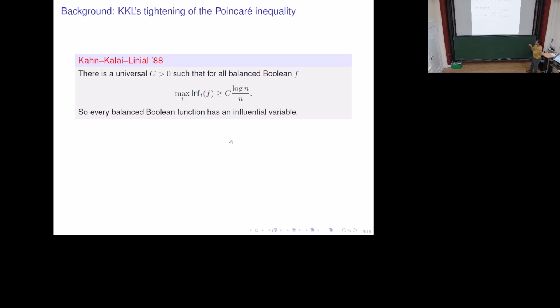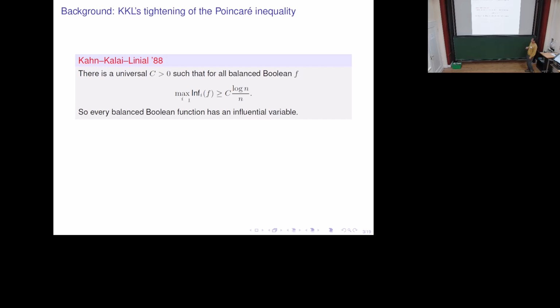You can do better. Namely, for any balanced Boolean function, you can always find some variable such that the individual influence of this variable is at least of the order log n divided by n, up to a universal constant. By universal, I mean this constant does not depend on dimension.